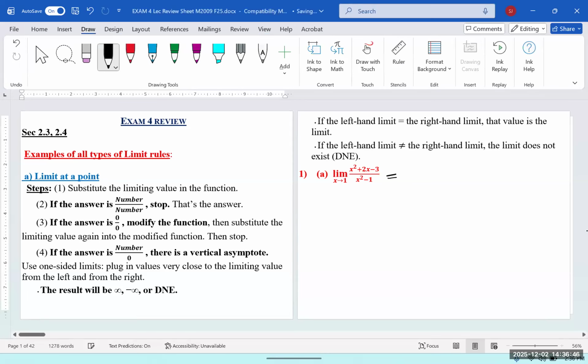So first we substitute, we get 1 squared plus 2 times 1 minus 3 divided by 1 squared minus 1. So on the top we have 1 plus 2 minus 3. On the bottom we have 0. So we have 0 over 0.